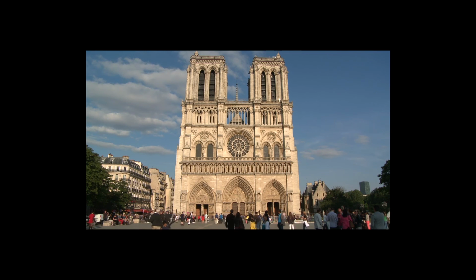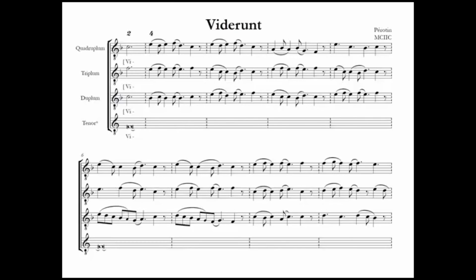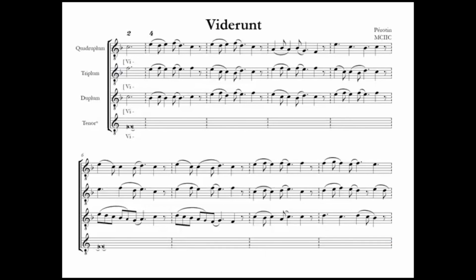Perotin added more notes at the same time, so the music had 3 or 4 lines of harmony going at the same time. But till that moment in time, there was limitation to the intervals that were used, so they were mostly perfect fifth or perfect fourth.